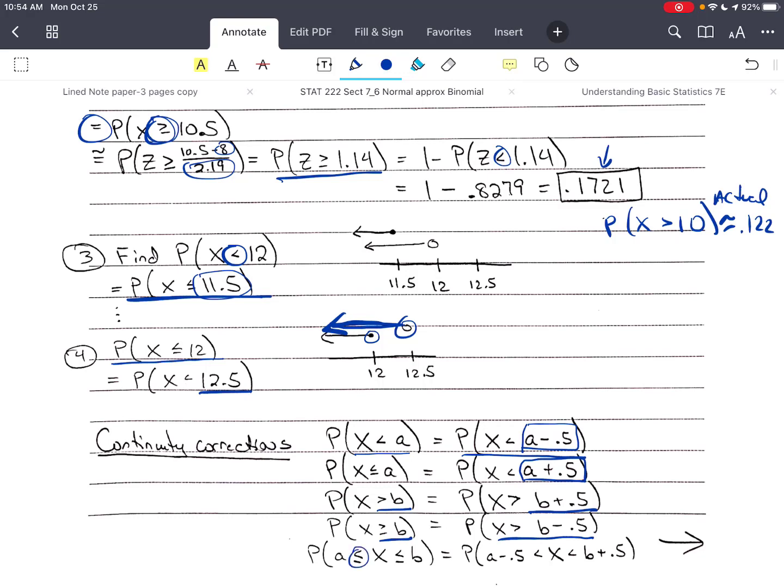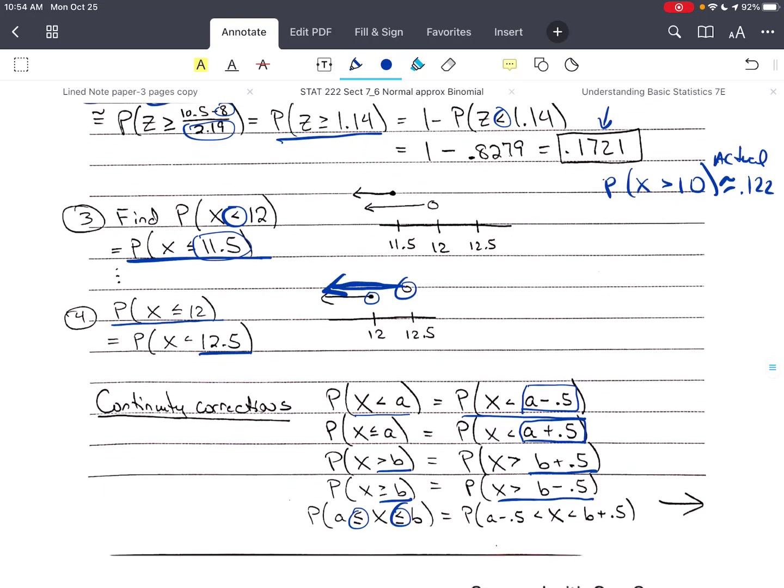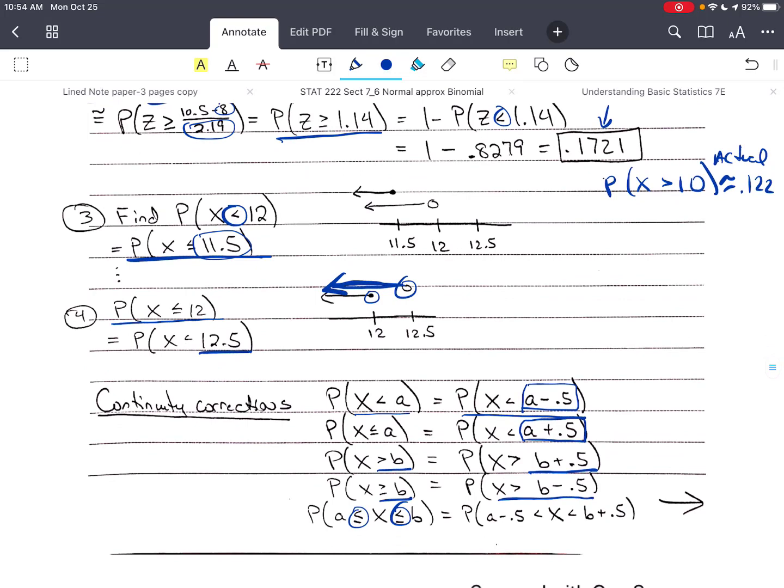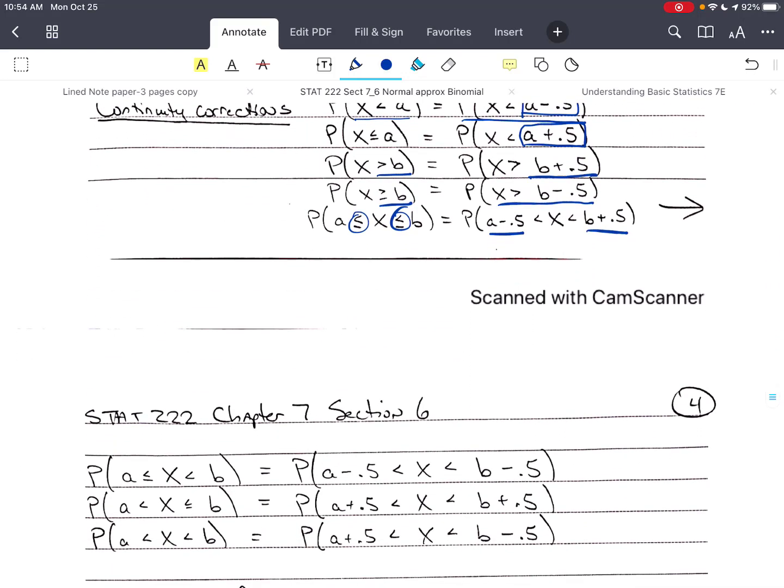If we have the x is between the two values a and b, and we have an equals to, then here we subtract 0.5, and here we add 0.5. And I've worked out each of the specific cases so you have all possibilities here. So this sign is what's controlling what we do here and here.